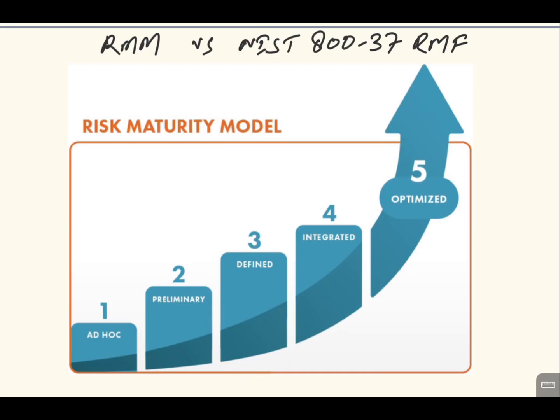However, your confusion is mainly about how the five stages, ad hoc, preliminary, defined, integrated, and optimized, map to RMF implementation. The confusion is always about these five stages and how they fit together with RMF, right?